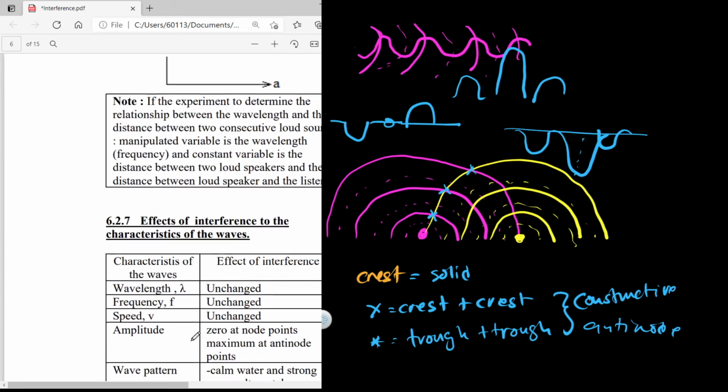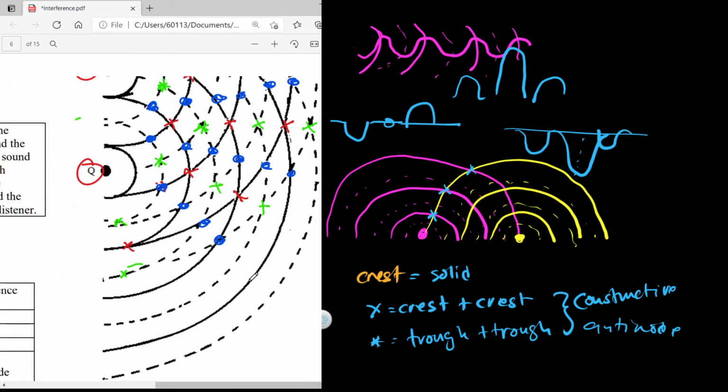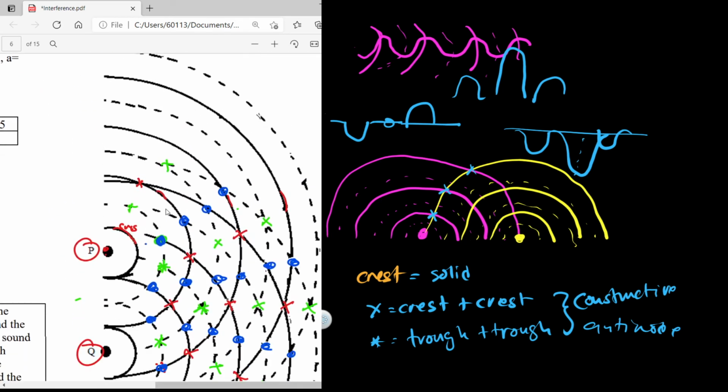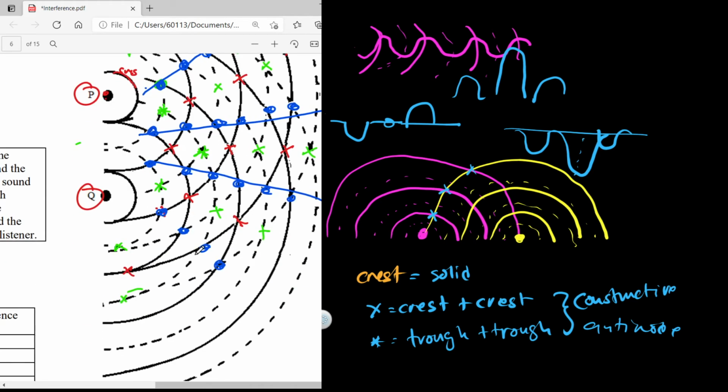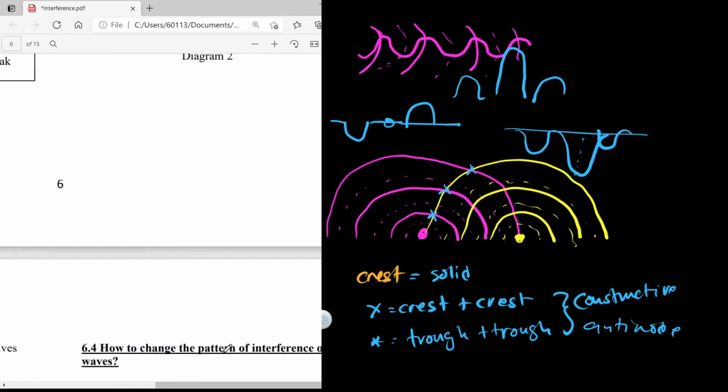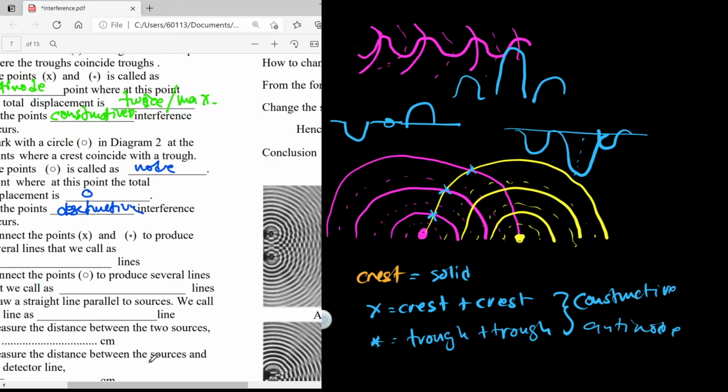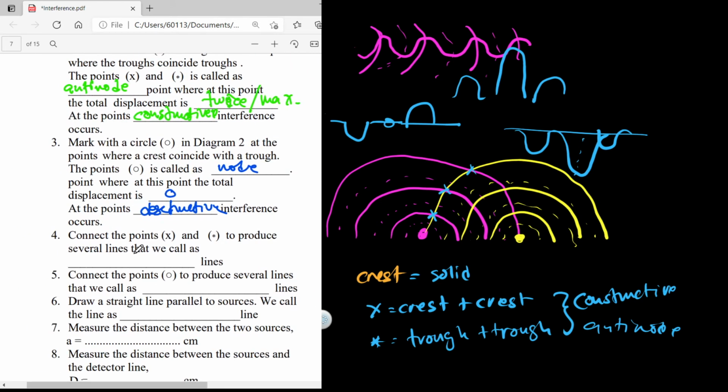Connect the points X and star to produce several lines. Let's try to connect the points. What will happen? We will get a straight line. So here also we have a straight line, and here also a straight line. Those lines connect all of the X and star points.